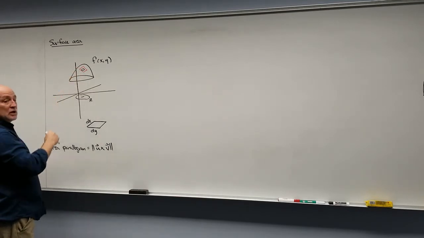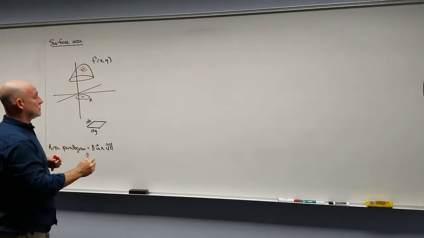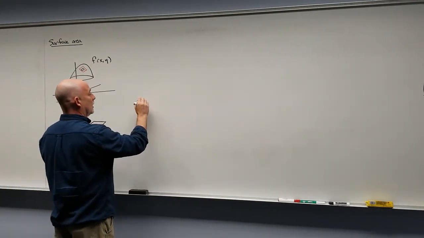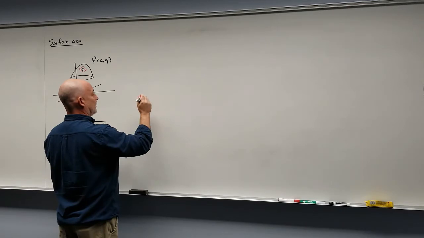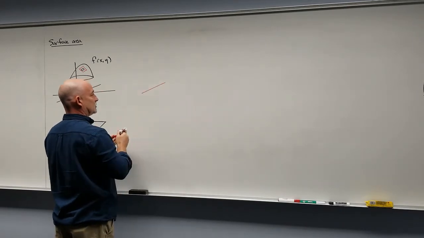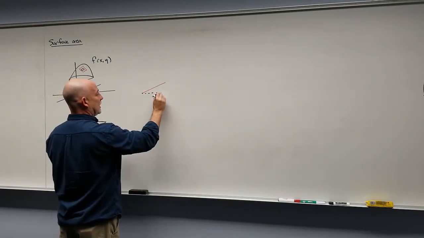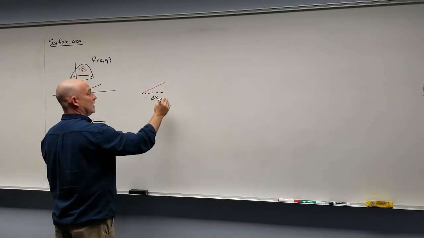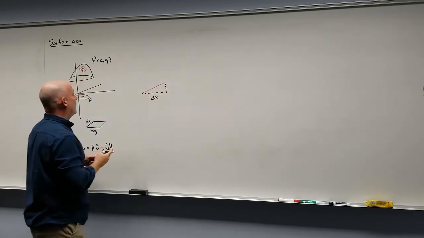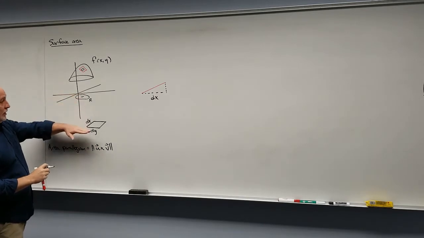Well, we're going to break that shape down into two directions so you can see what it's looking like. Let's say that the red shape looks something like this in the x direction. So over here we'd have a piece of dx, and on this side, now this isn't flat in the xy plane like this one is.